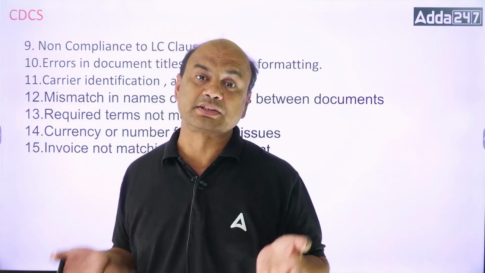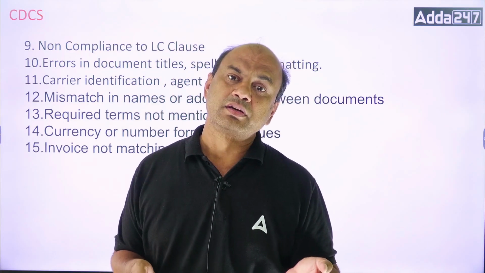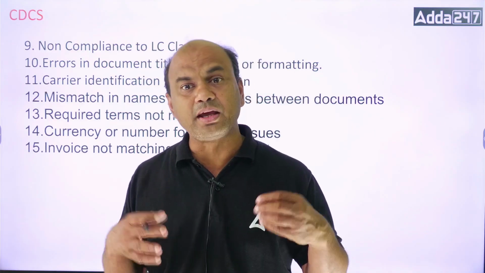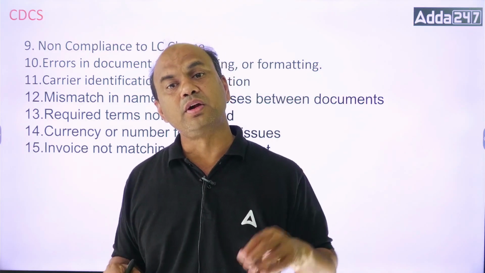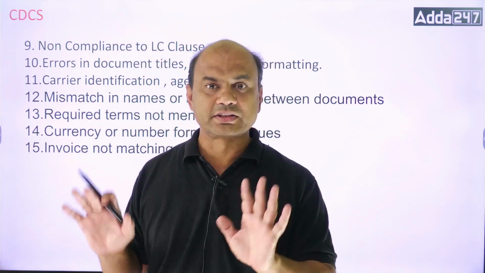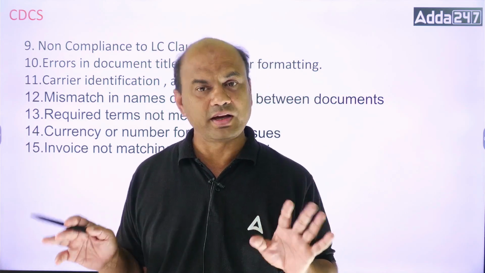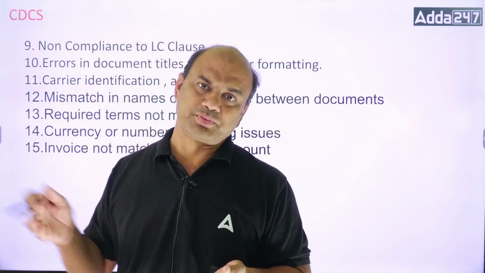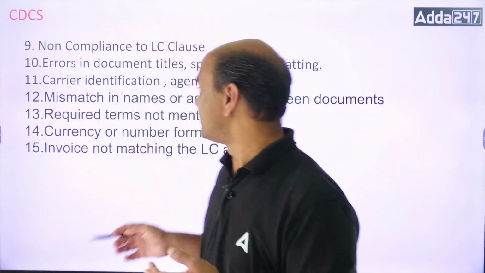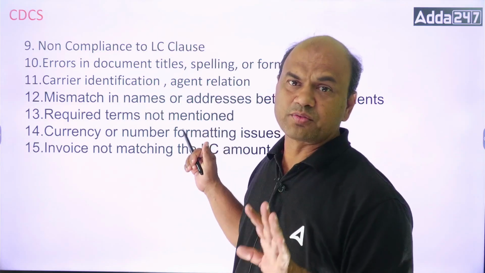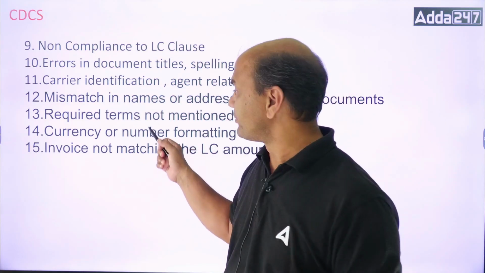Because after all, discrepancy issues remain in LC documents, let it be any period. You go in AI, you go in blockchain, you go anywhere, discrepancies are discrepancies. They will remain a perpetual issue. Okay. Then required terms not mentioned. So these were the two, three examples I gave you.